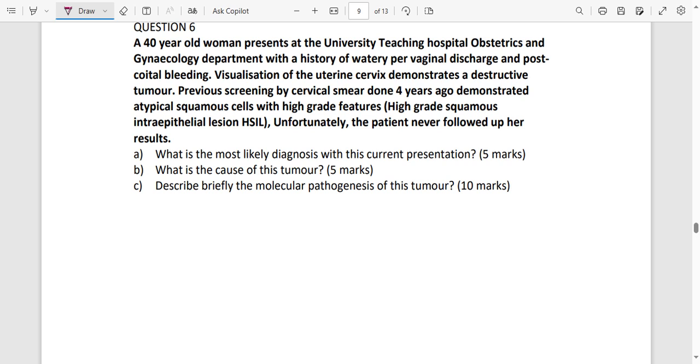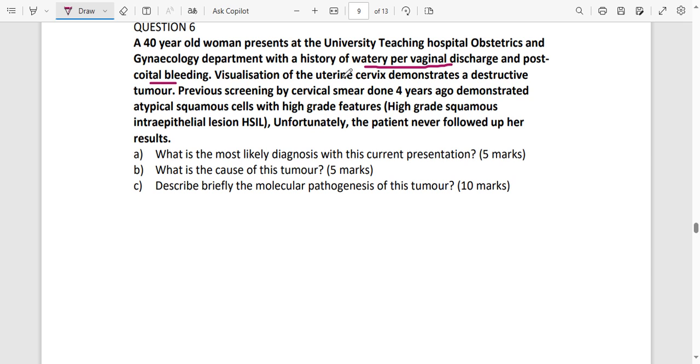Anyone that can help? Likely diagnosis. Let's look at the things. I can point to some of them. There is a watery vaginal discharge, postcoital bleeding. After sex, there is bleeding.